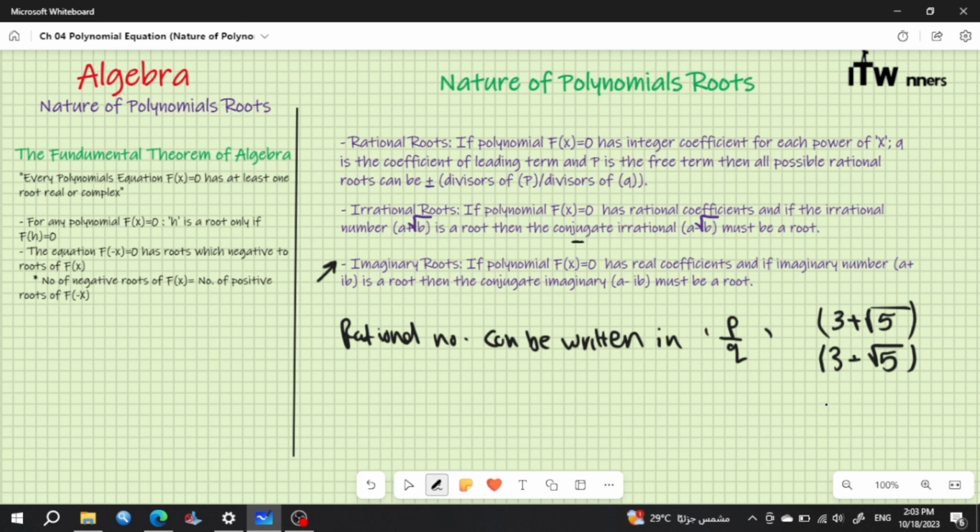So if 3 plus 2i is a root of f(x), then 3 minus 2i must be a root of this equation. Okay, let's verify all of this by an example.